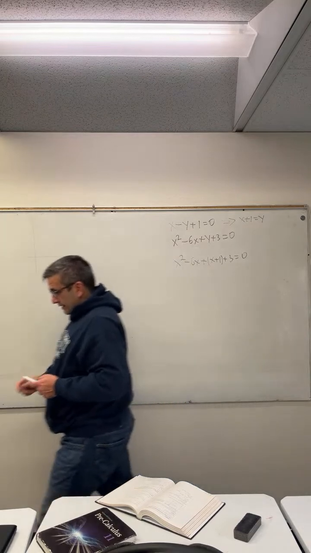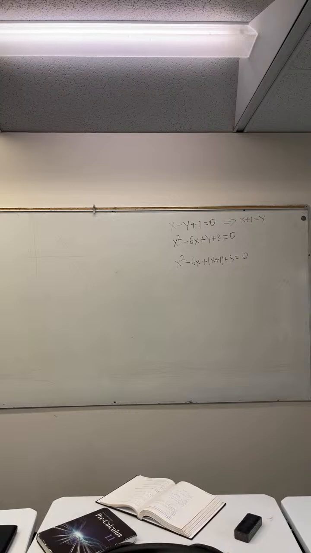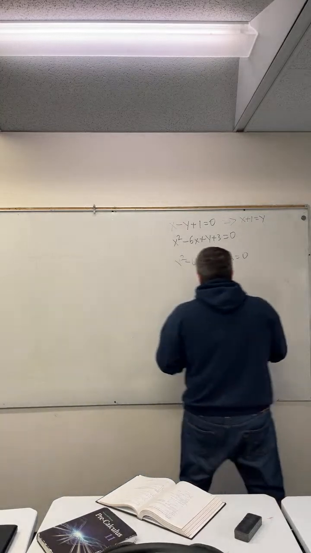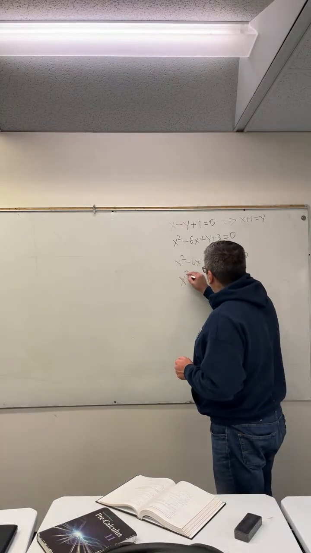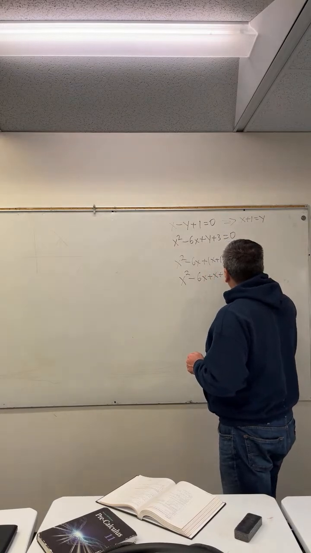And you open the bracket and combine like terms. You'll get x squared minus 5x plus 4 equals 0. And then just factor it. x squared minus 6x plus x plus 1 plus 3.